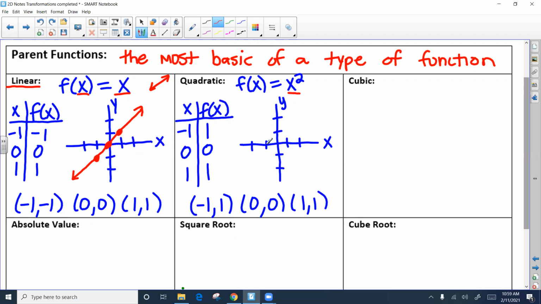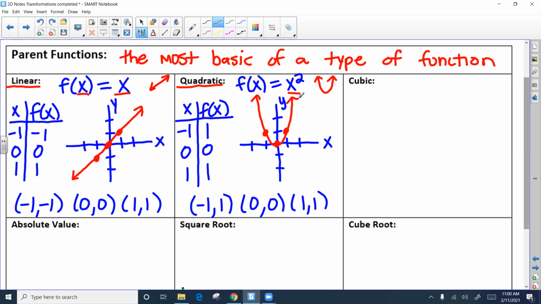Okay, so we have a point at -1, +1, 0, 0, and 1, 1. Now, again, we need to know what the basic shape of this is to draw it in. A quadratic function is going to be a parabola or U shape. So let's draw in our parabola or U-shaped graph there.